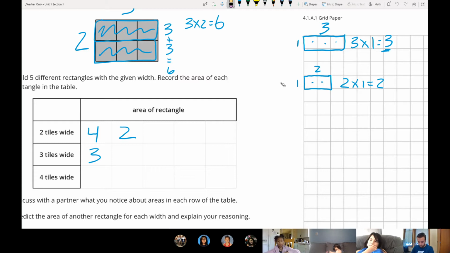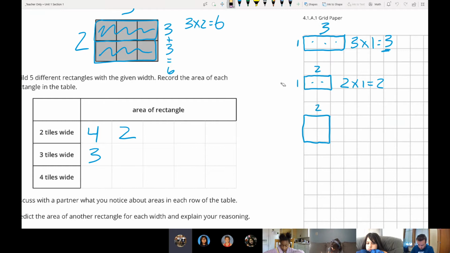So for the 4 tiles wide, I did 4 in each one. For the columns, I did 2, and for the rows, I did 2. So you did a 2 by 2?